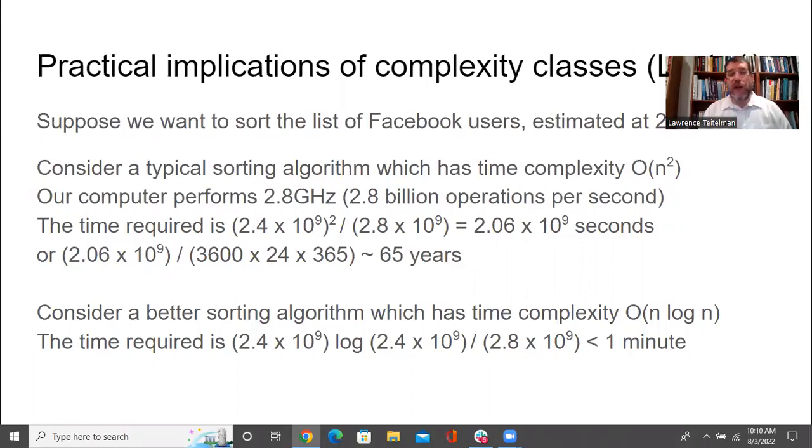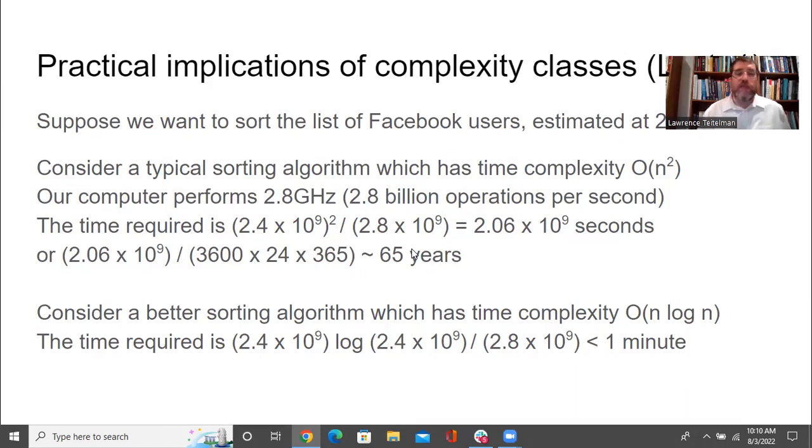The purpose of the slide, which you've seen before in one of the early lectures of our course, is that the difference between n squared and n log n makes enough difference between practically solvable and not practically solvable. The n log n algorithm, for a reasonable kind of problem, can be done in 1 minute, and the same problem using an n squared algorithm would take 65 years.